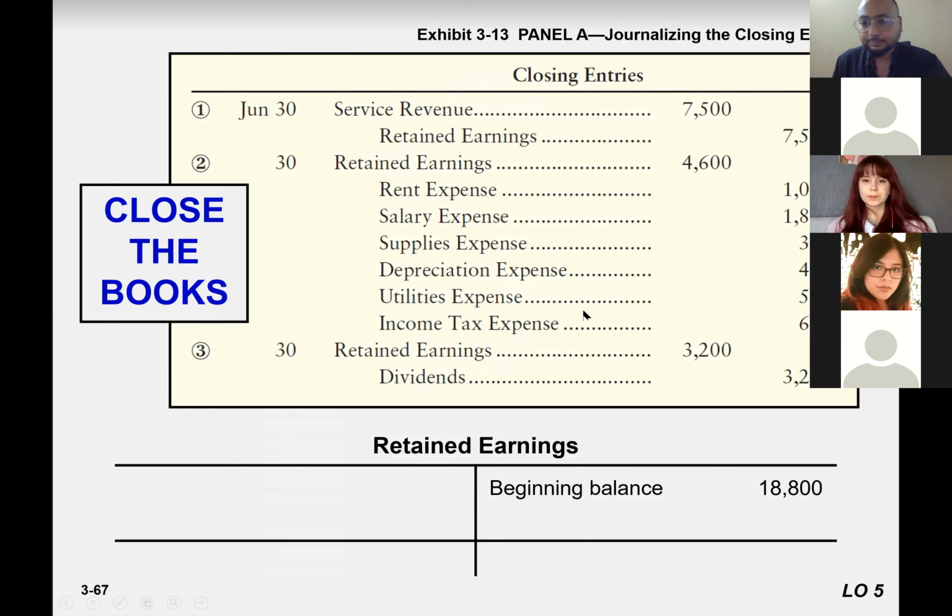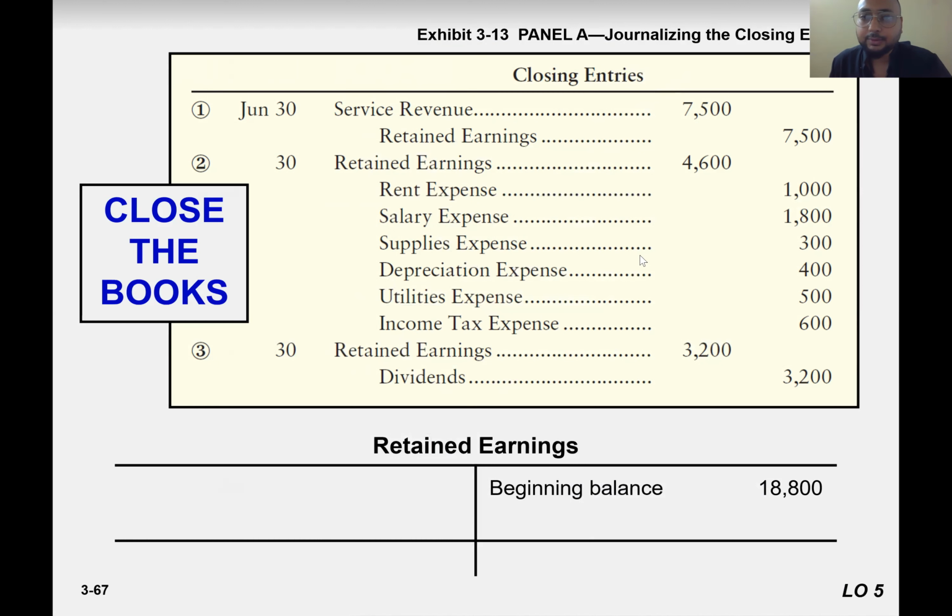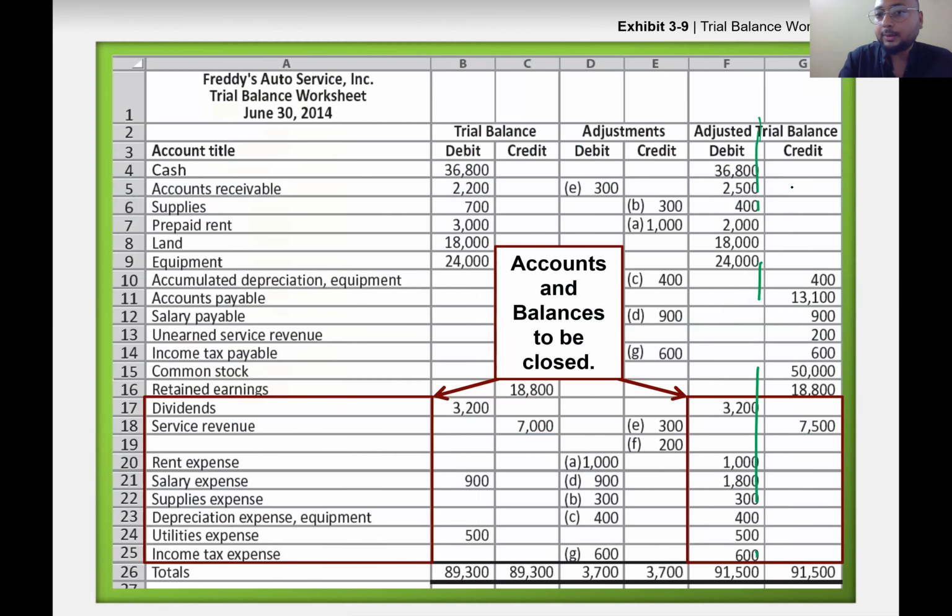So let's just talk about this panel here. When you are closing the books, you have the service revenue, which is 7,500. You see here on the trial balance, the service revenue is 7,500. Is this a balance sheet item?